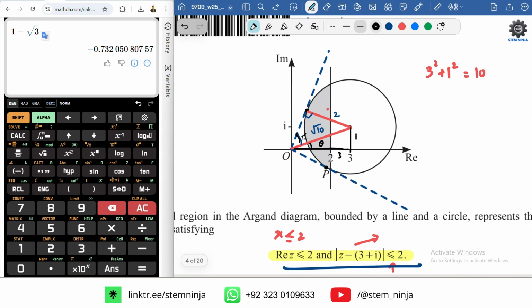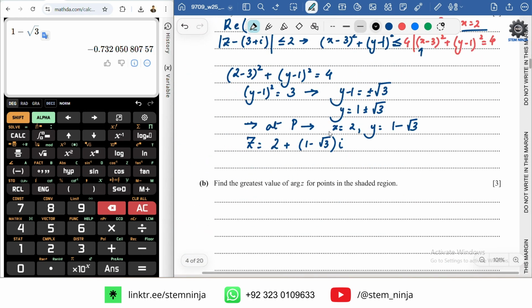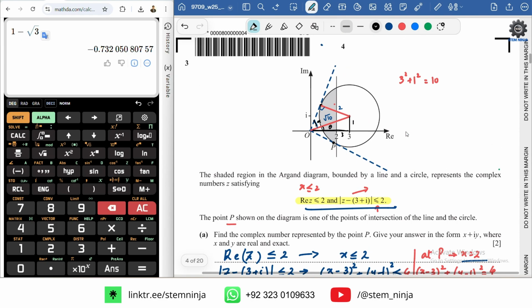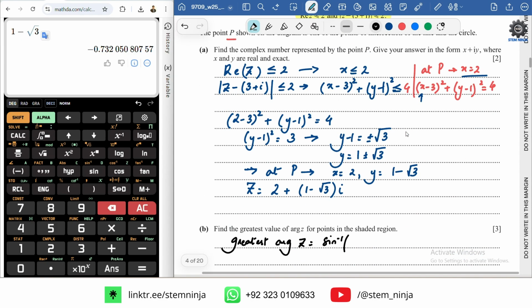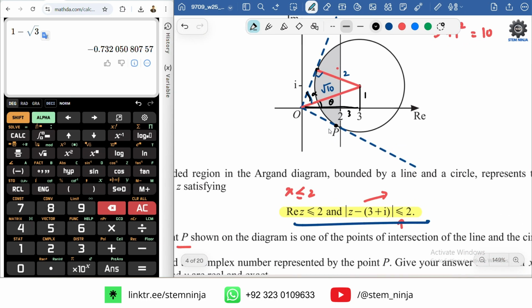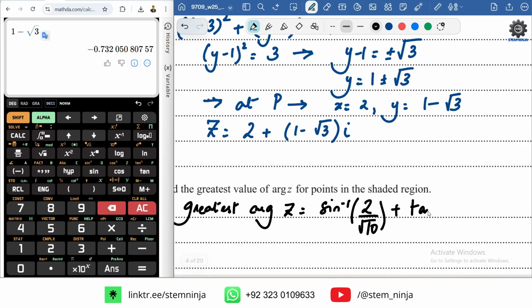Right, so let's call it alpha. So the greatest argument of z will come from sin⁻¹(2/√10) plus tan⁻¹(1/3). Yeah, 1 over 3.